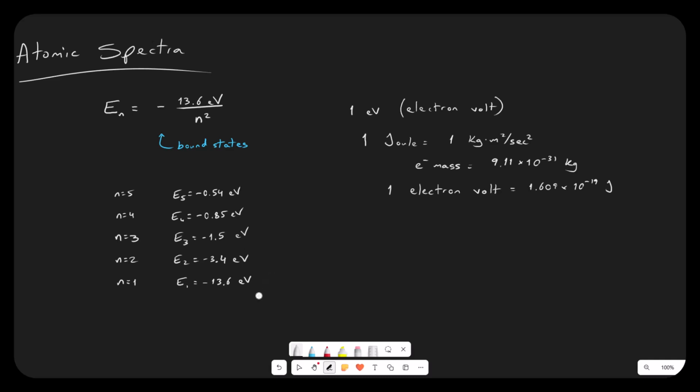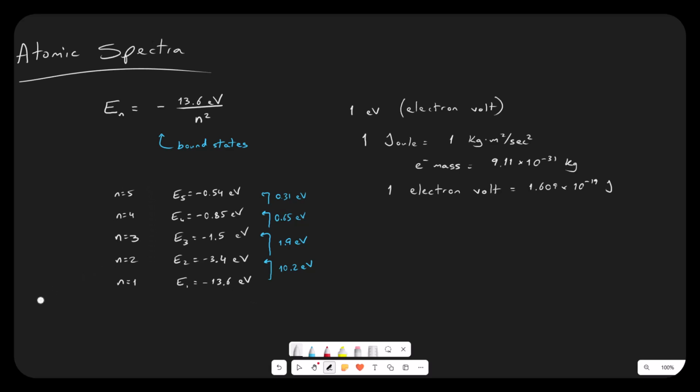So we get some energy levels that look like this. We get a big gap here, right? This is a difference of 10.2 eV. Here we get a smaller gap, and a smaller gap still, and a smaller gap still. So these keep stacking closer and closer together.